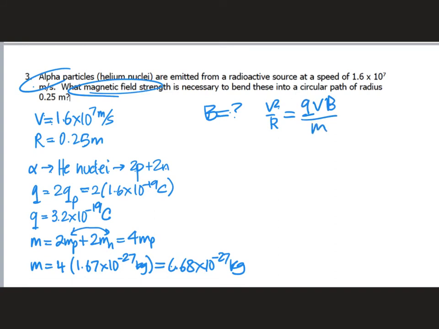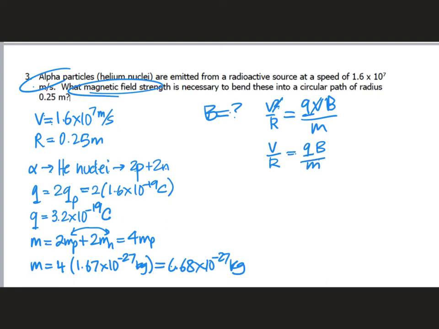So this is basically the acceleration, which is equal to the force divided by the mass. Once again, we can cancel one of the V's, and we're left with V over R equals QB over M. And I want to solve this for magnetic field.